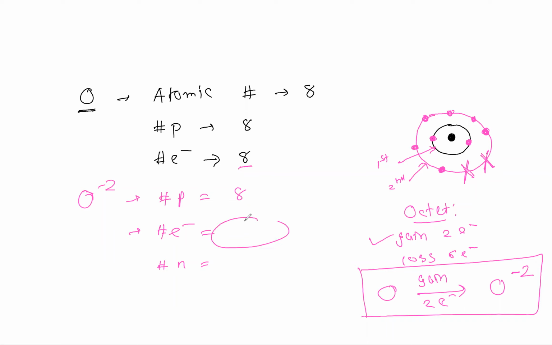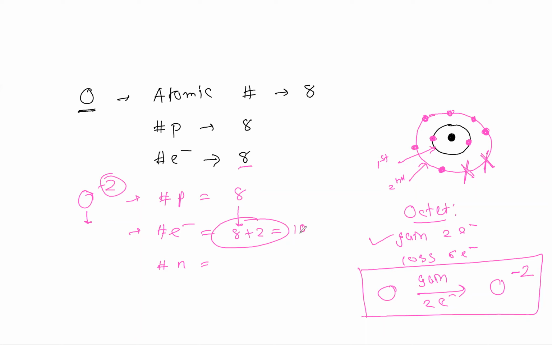But the number of electrons, what do you think it is? 10. Excellent. As an oxygen element it should have 8, and now -2 means 2 more electrons. So for electrons, you're going to say +2, because we are adding 2 more electrons. So it becomes 10. This should be the answer.